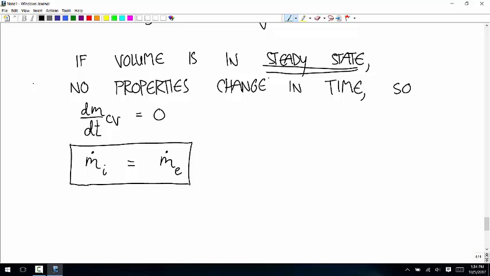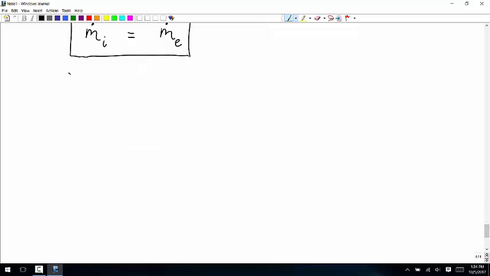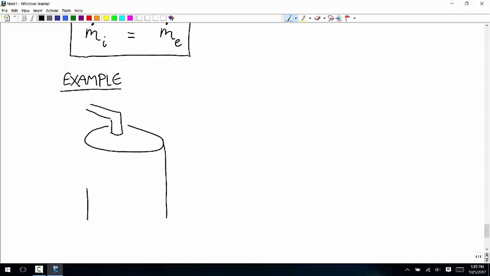Okay, let's do first a problem. We're not going to be dealing with the phases of materials. We're just going to be dealing with basically an incompressible material. So let's say that we have a pipe here dumping water into a barrel.